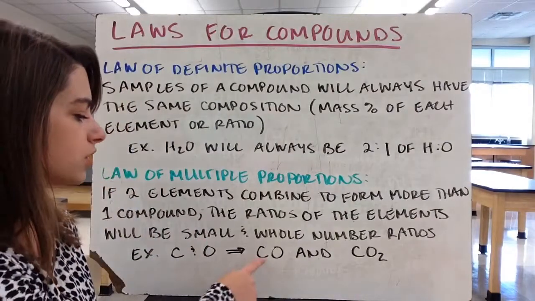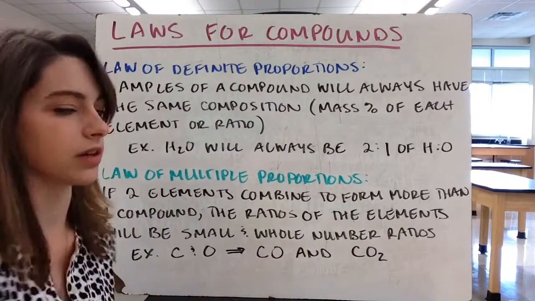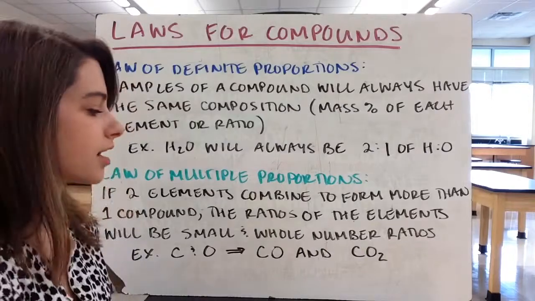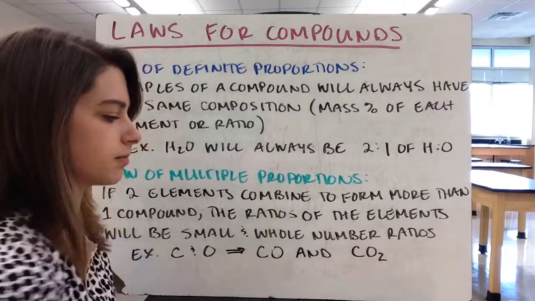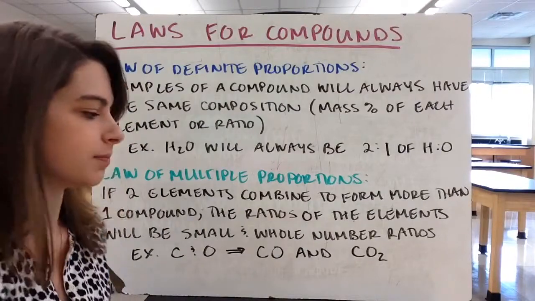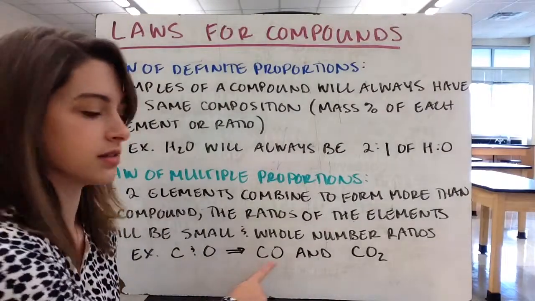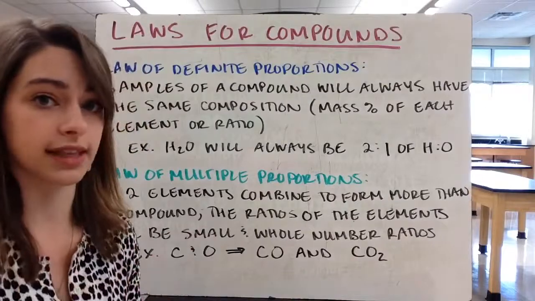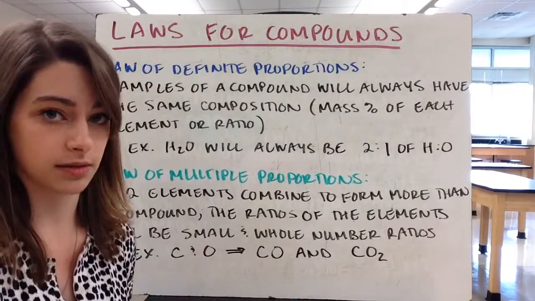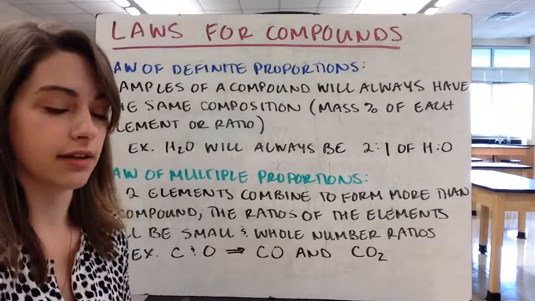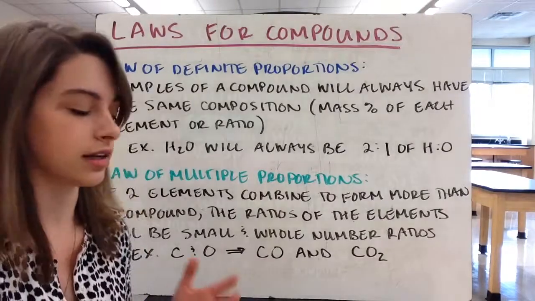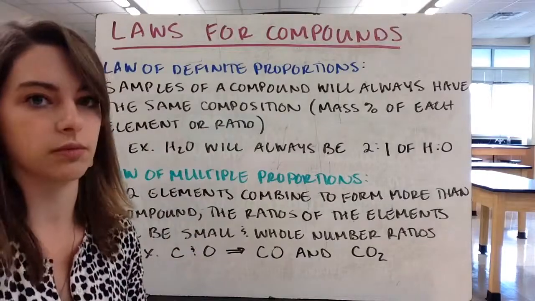If we have a 1-to-1 ratio of carbon and oxygen, we call that carbon monoxide. A completely different ratio, a 1-to-2 ratio of the carbon and oxygen, makes carbon dioxide. Carbon monoxide is poisonous. Carbon dioxide is what we breathe out. So two very different substances involve the same elements, but they form the compounds in different small whole number ratios.